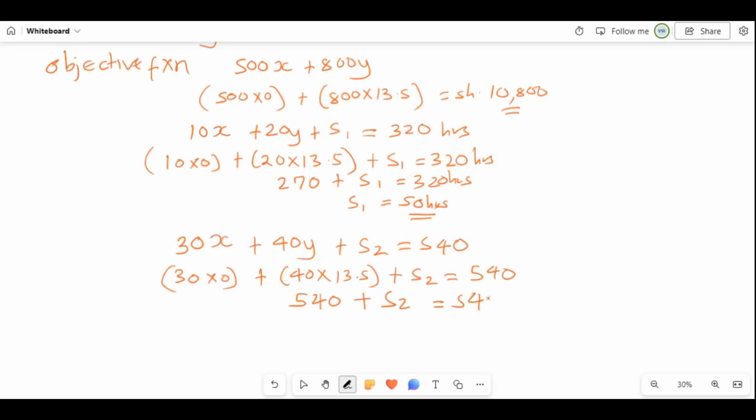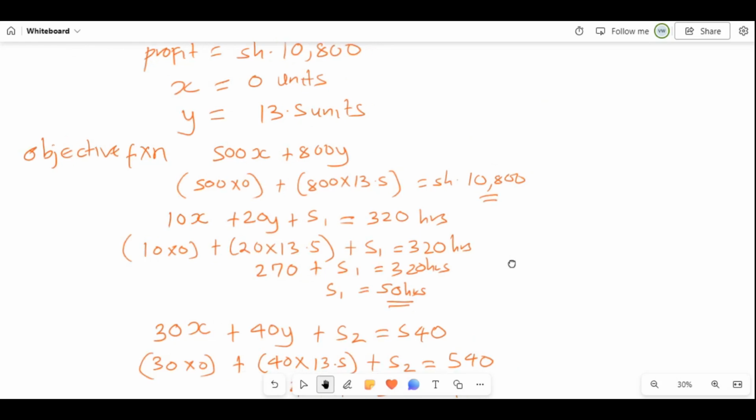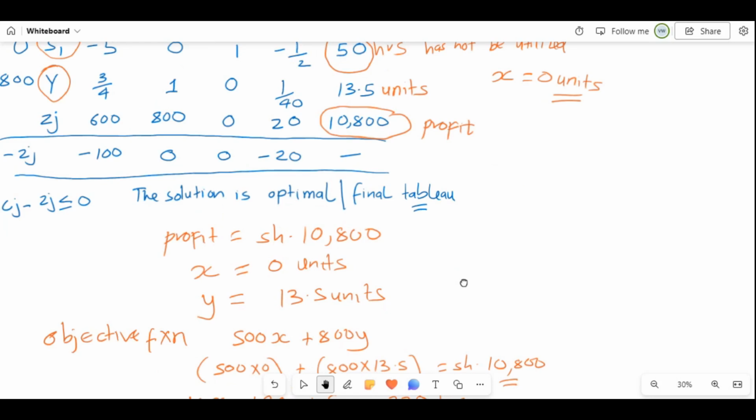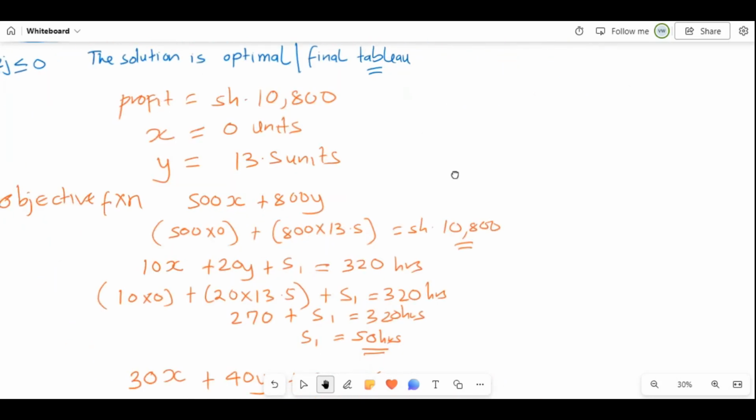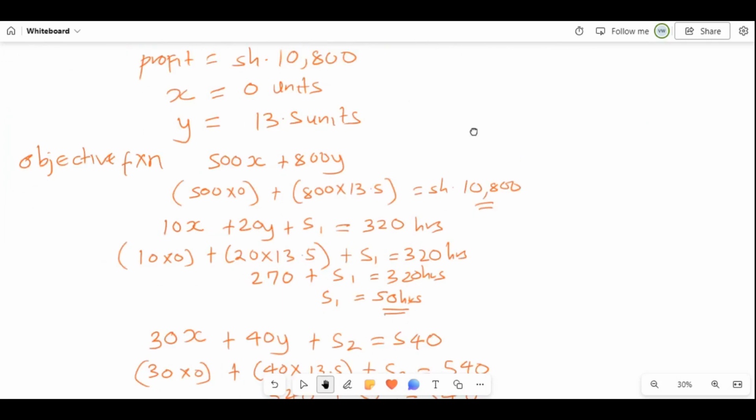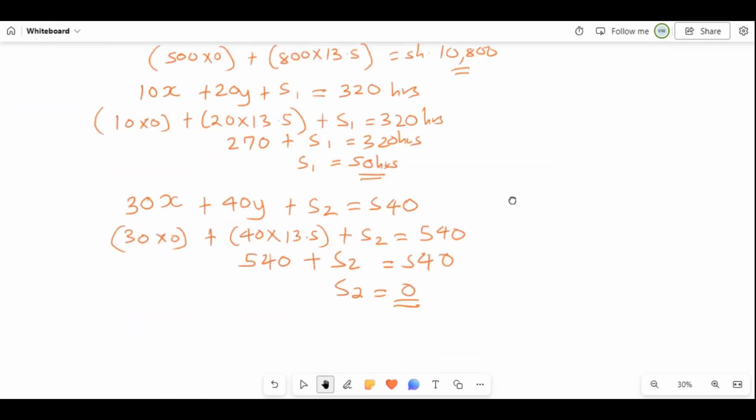In that case, from this department, there are no labor hours left remaining. And what we are getting is consistent with our final tableau.